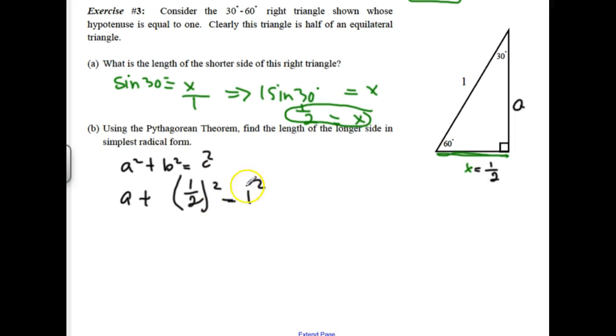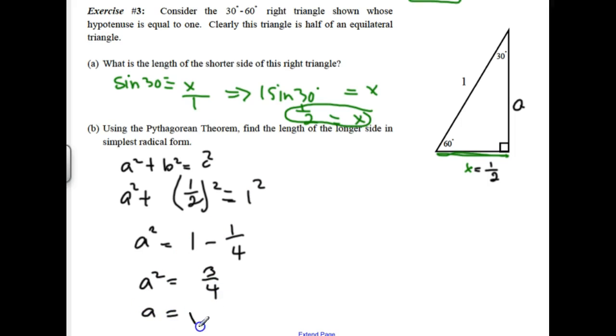Now if I go ahead and solve this, I will get a squared, oh I forgot the square, is equal to 1 minus 1 over 4. So again, I just simplify. 1/2 squared is 1 over 4. 1 squared is 1. This gives me a squared is equal to 3 over 4.